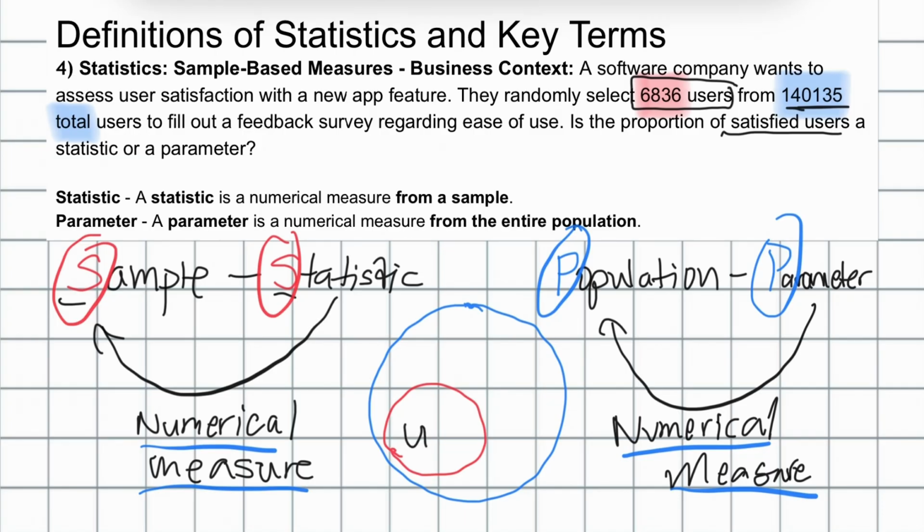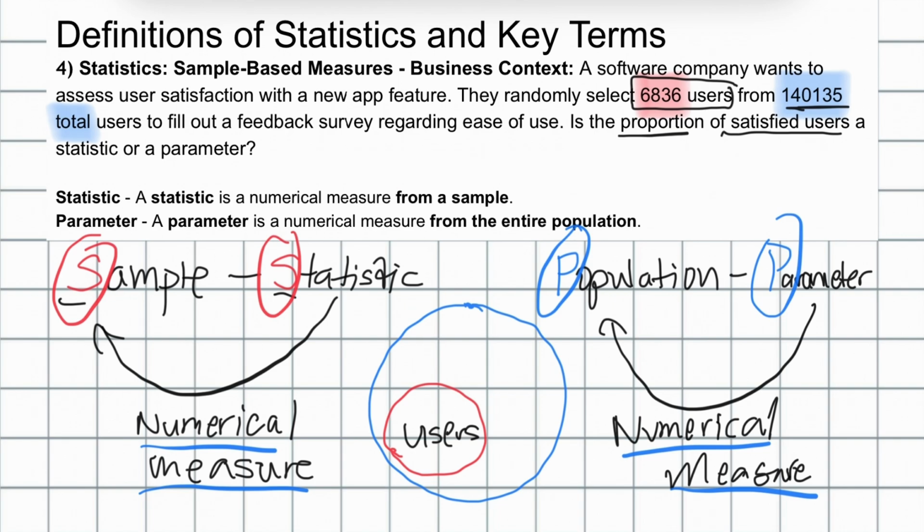These are the users, and we know that a sample has a correlation with a statistic. The keyword proportion is like a smaller version of a bigger portion.